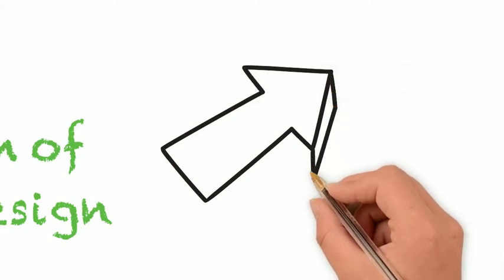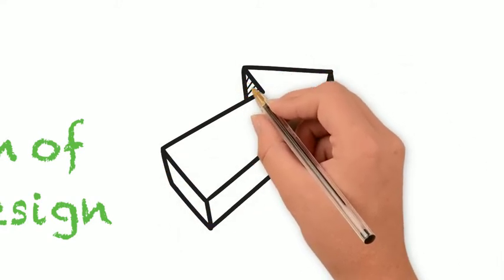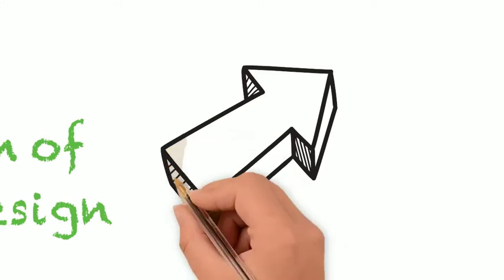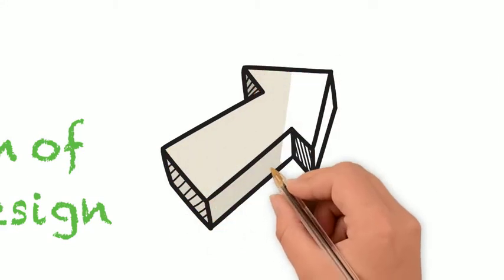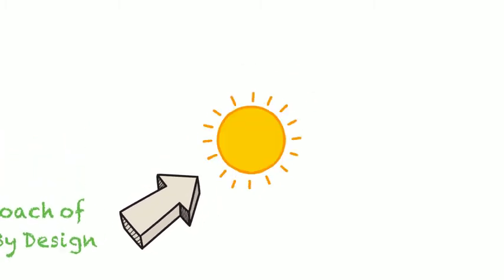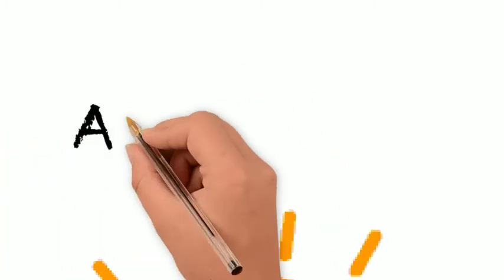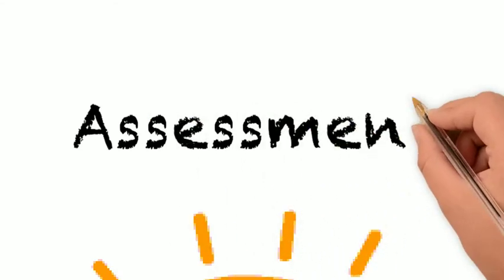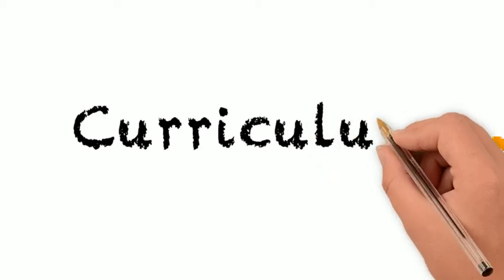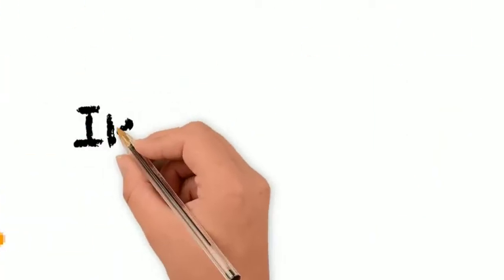The goal of backwards design is to plan backwards with clarity about the big idea, also known as the end result. This can be used to design or redesign any assessment, curriculum, and/or form of instruction.